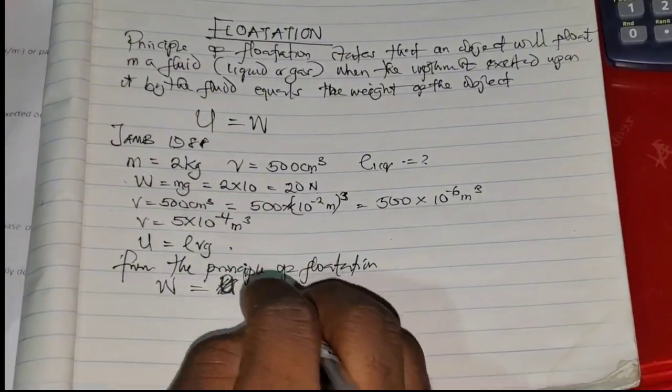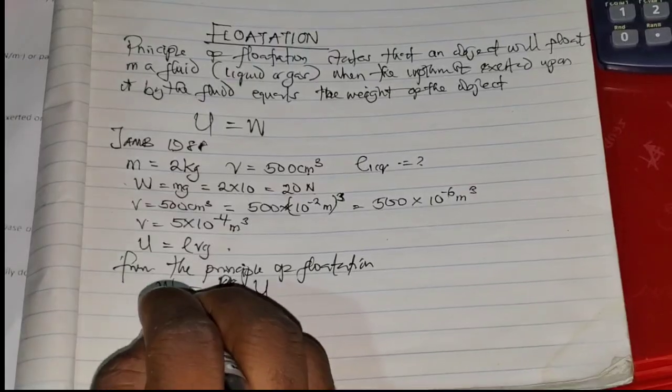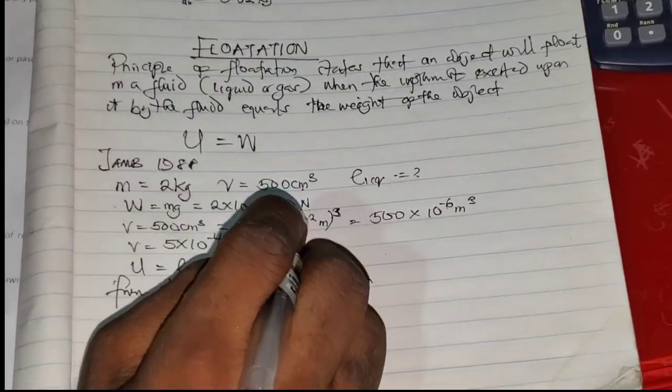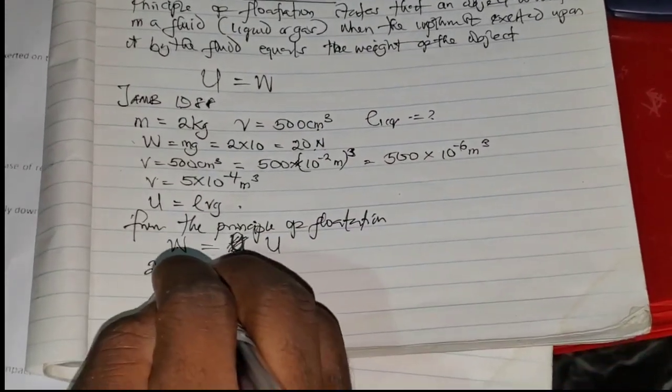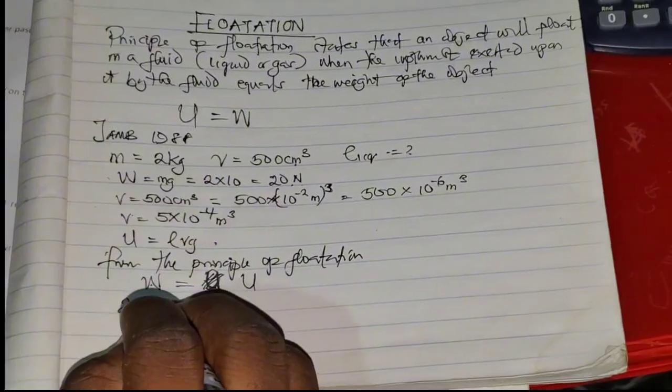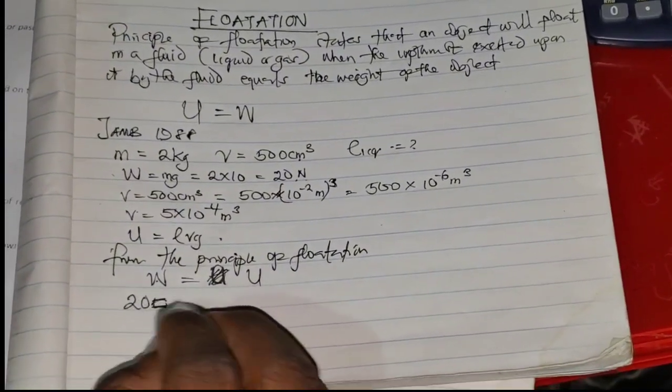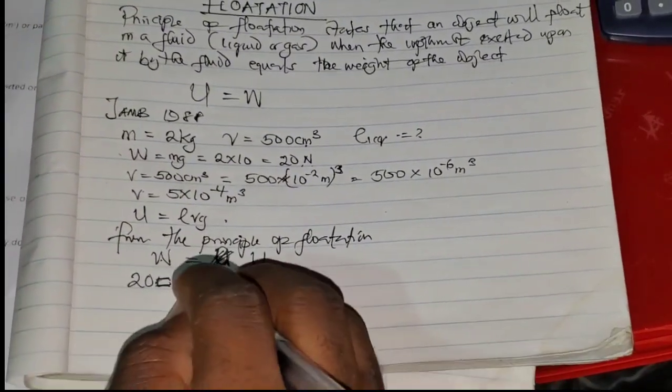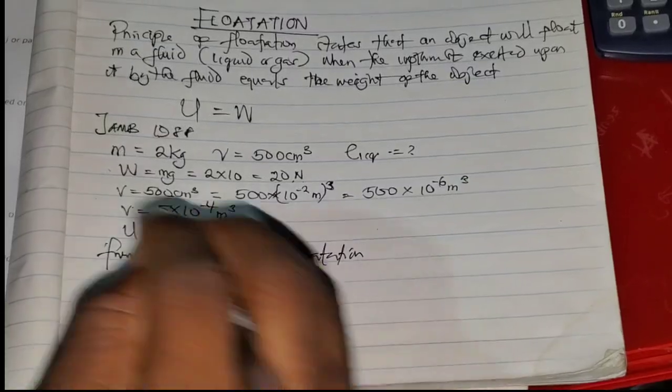In this case, what's W? W is 20 Newton. So 20 Newton equals upthrust, which is rho Vg.